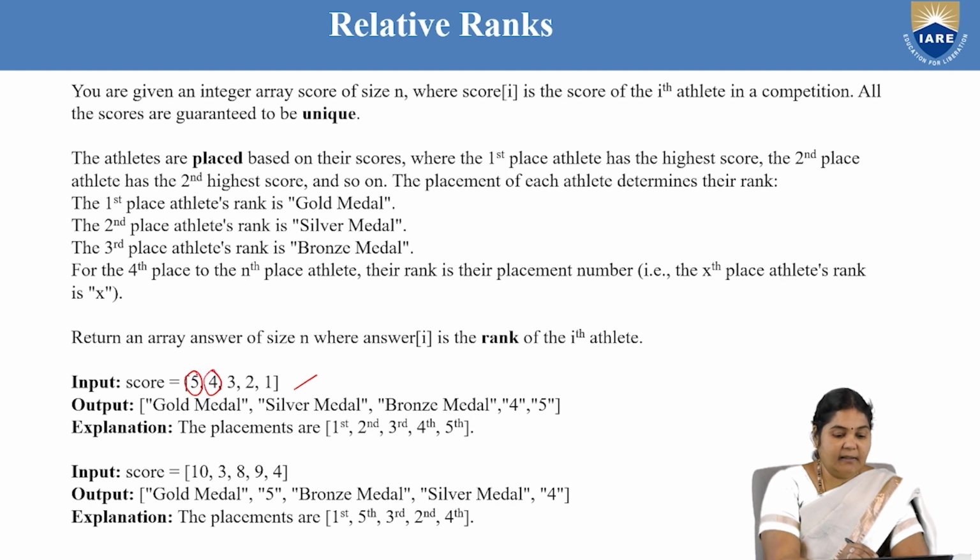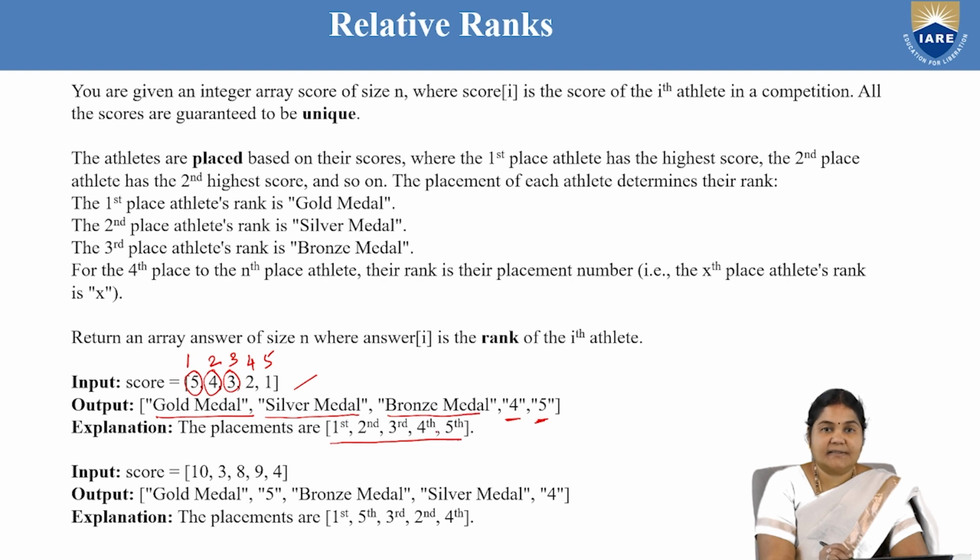The second athlete has the second highest score, so its rank should be silver medal. For the third athlete, it is the third highest score, so the rank should be bronze medal. For the fourth and fifth athletes, it should be the strings 4 and 5. In this case, the placements of the athletes are from first to fifth.